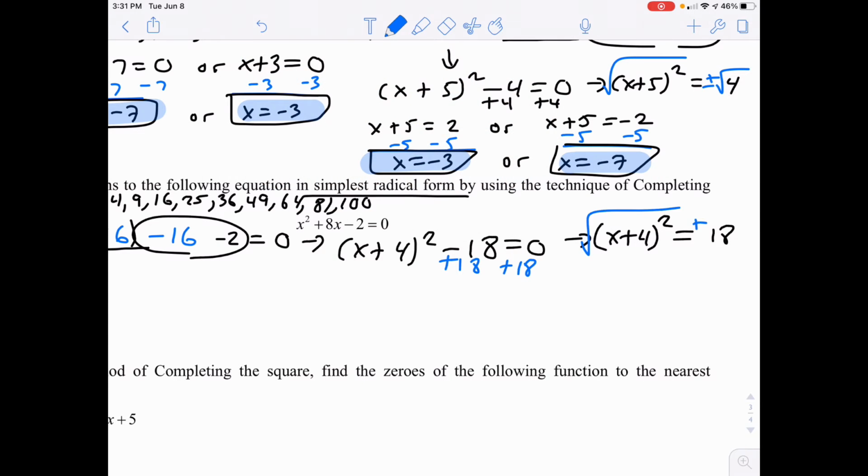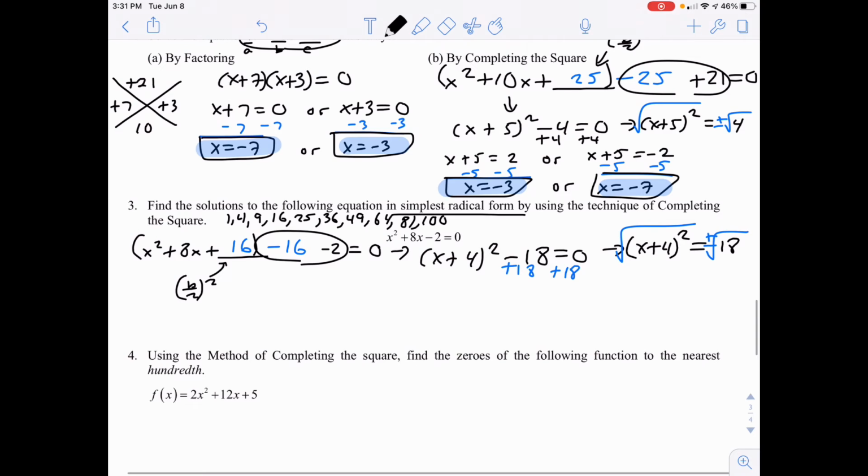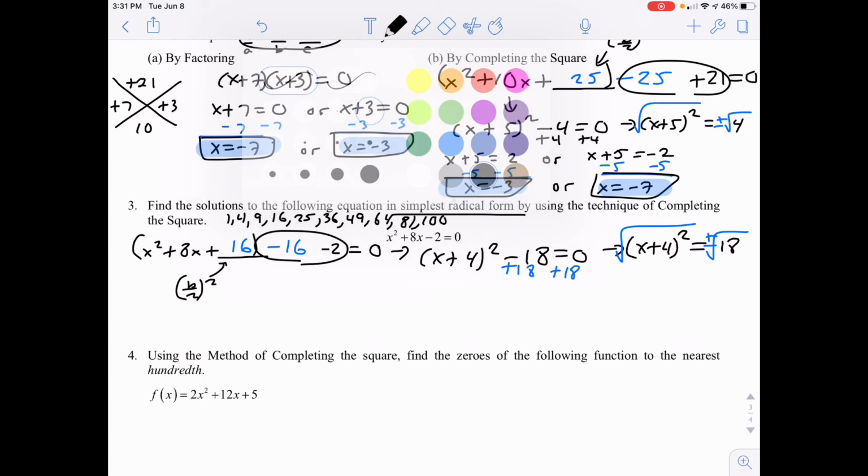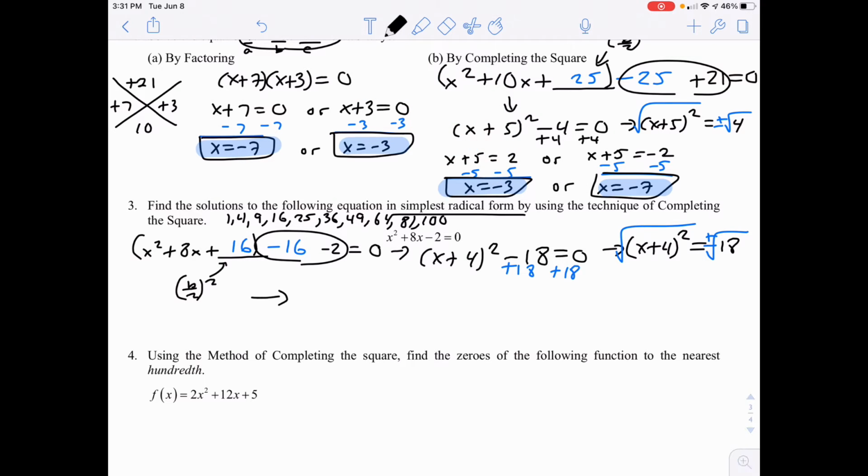Square root both sides. And if we look, ladies and gentlemen, the largest perfect square that goes into 18 would, of course, be 9. This becomes x plus 4 is equal to plus or minus the square root of 9 times 2. Well, that's x plus 4 is equal to plus or minus the square root of 9 times the square root of 2.